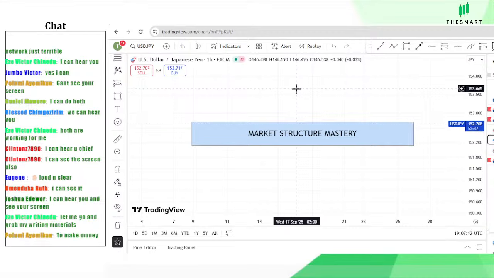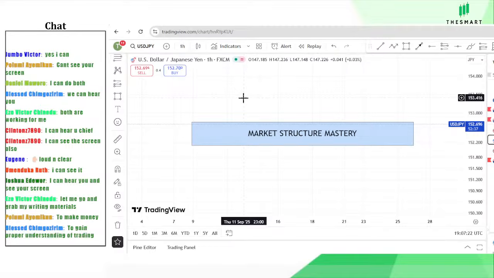This is where you come to do the chart drawings before going to place that trade on the live market. You can do that on your MT5, on your MT4, or any of your trading apps, but doing it on TradingView gives you a clearer view of what you're actually looking at on the market, and it's flexible.